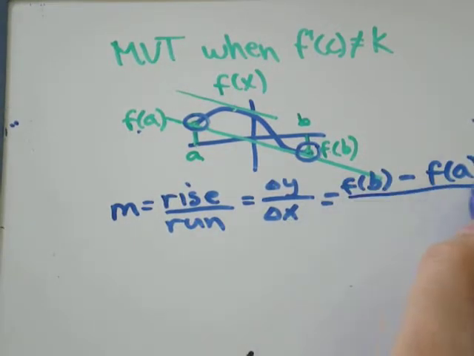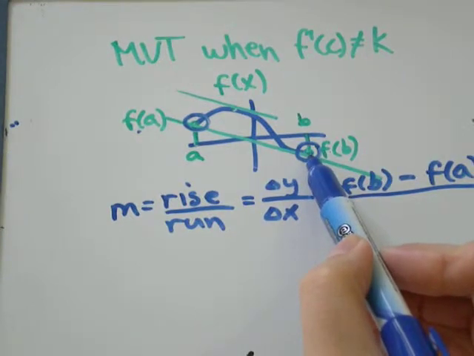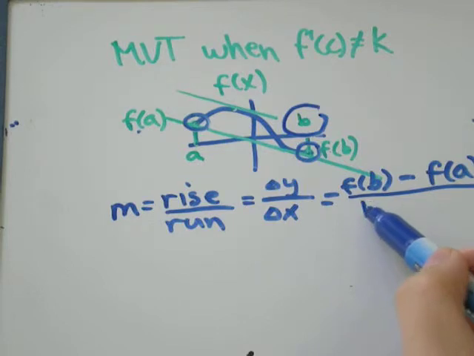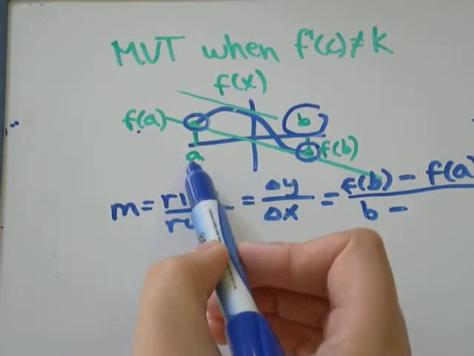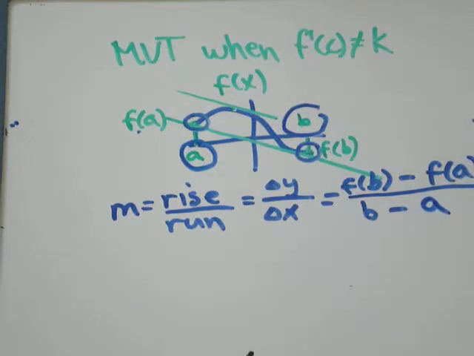Over change in x, which means the x value of the point you ended up with, in this case b, minus the x value of the point you started with, in this case a. And what do you know, that looks just like the formula for the mean value theorem.